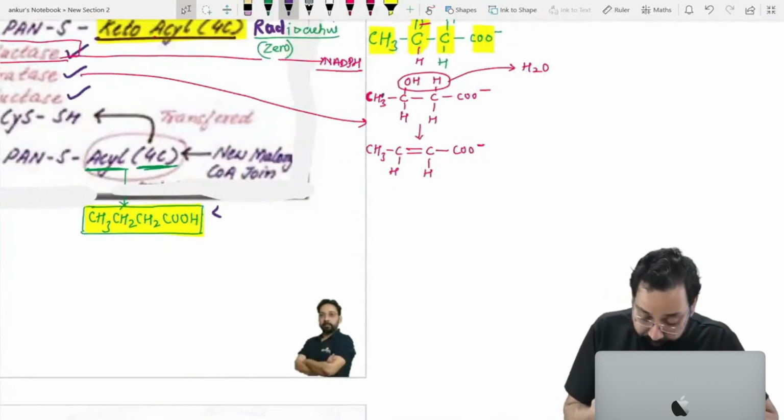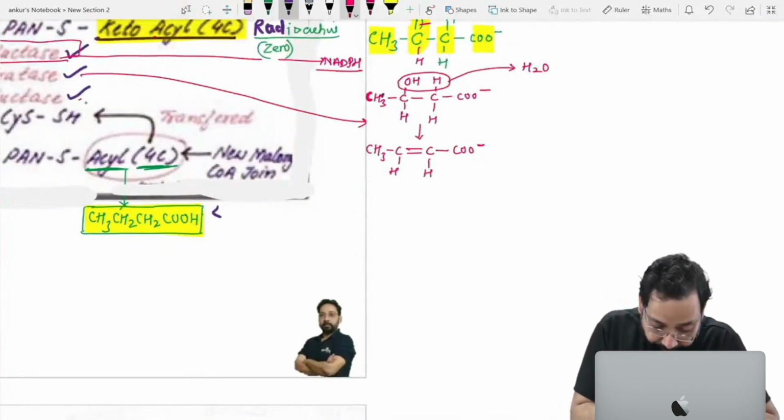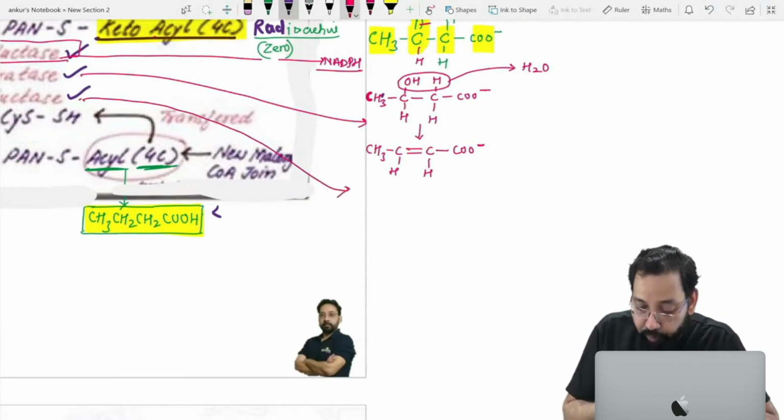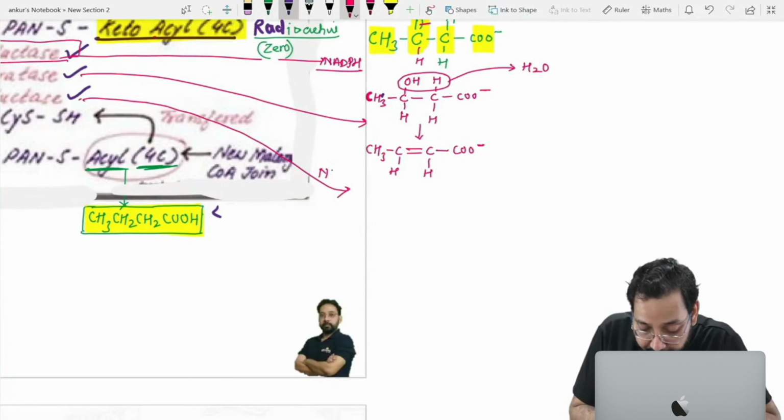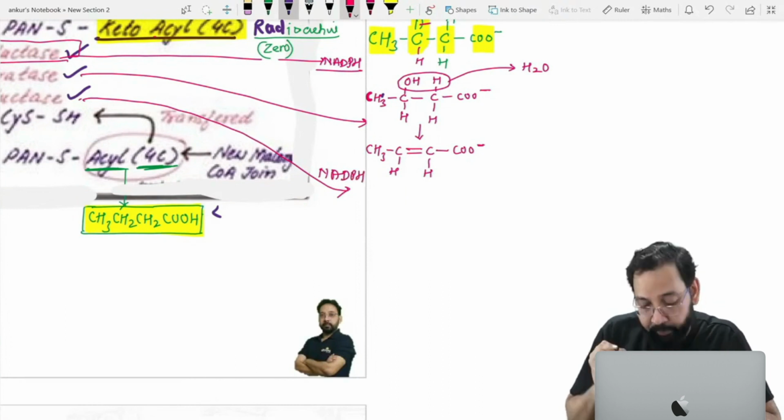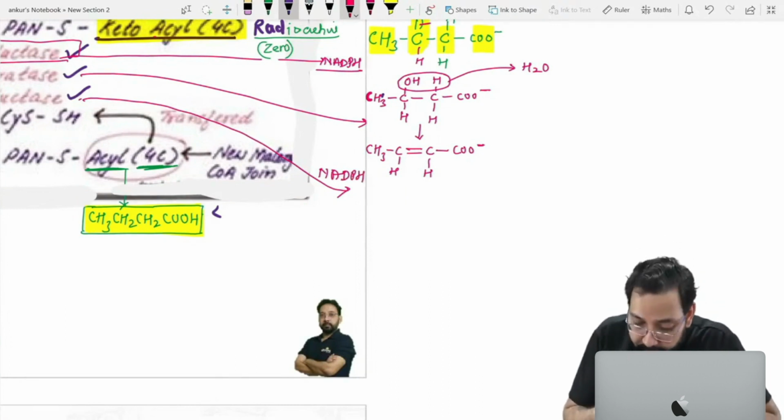Now again reductase. Again reductase means joining of hydrogen, and the hydrogen will come from NADPH. And what will this reductase do?